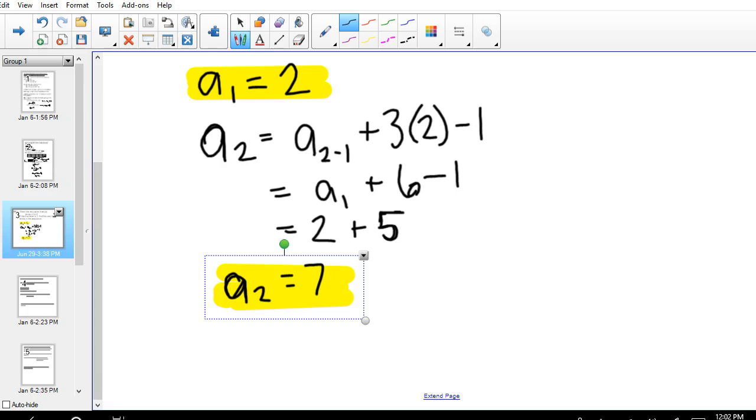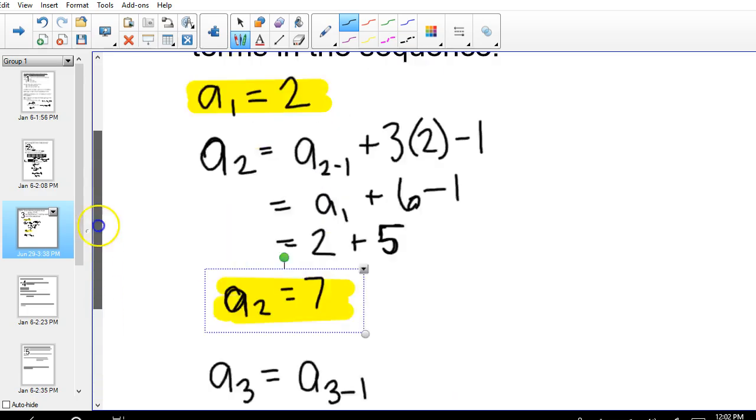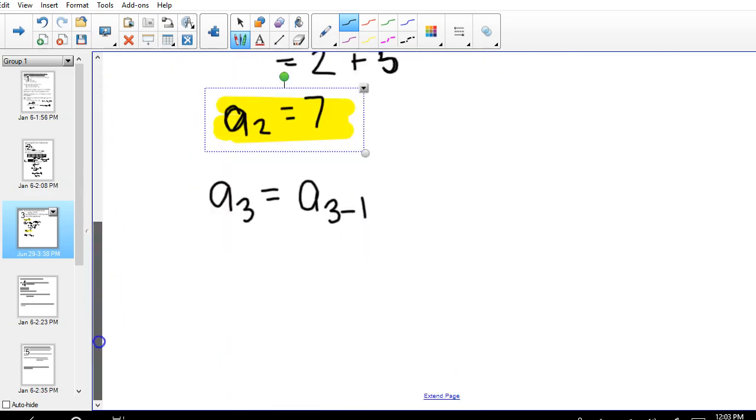So for a sub 3, we're going to take that formula and plug in 3 for all the n's. So we're going to have a sub 3 minus 1. What was the formula? Let me scroll back up there. Plus 3n, so plus 3 times 3 minus 1.